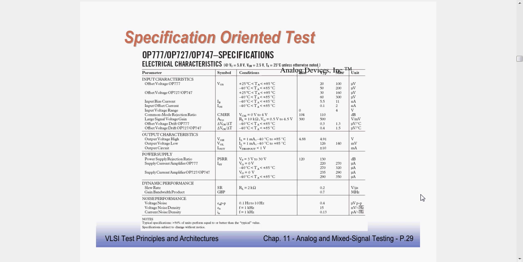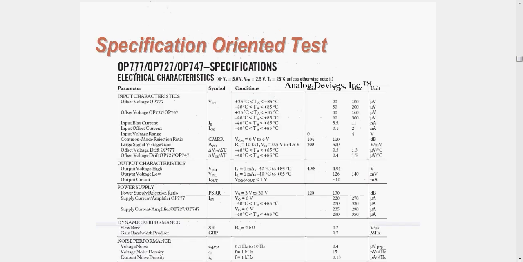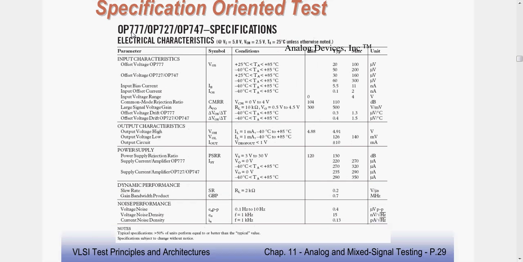Consider an example of an op amp. For an op amp, we have a set of characteristics that is defined by the manufacturer itself. For example, for the op amp under consideration here, OP777 or OP727, we have a set of parameters defined by the manufacturer.